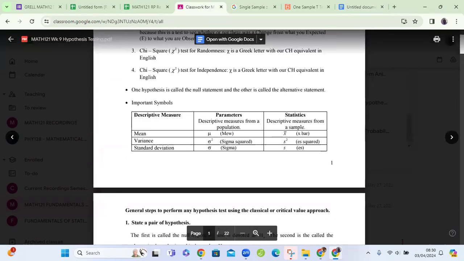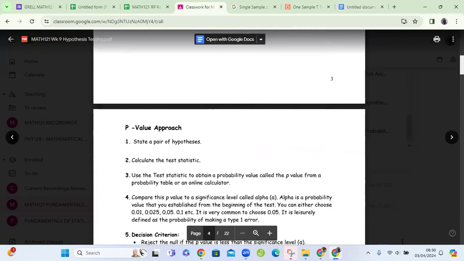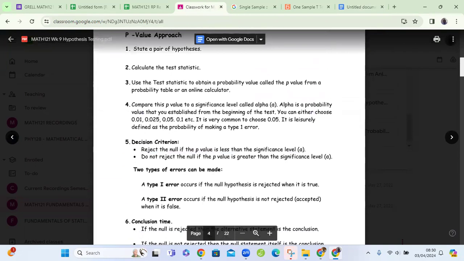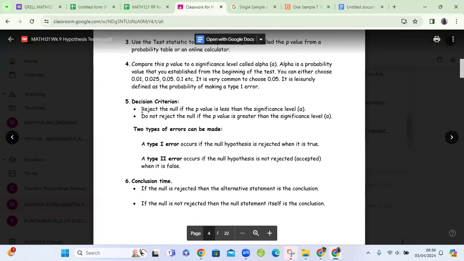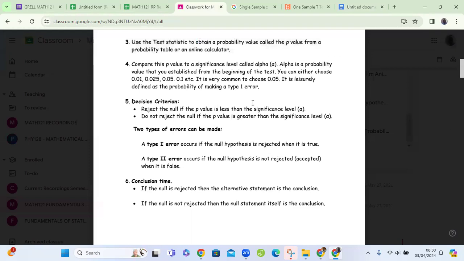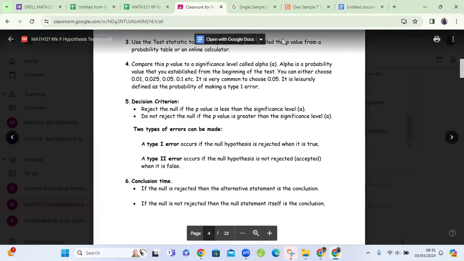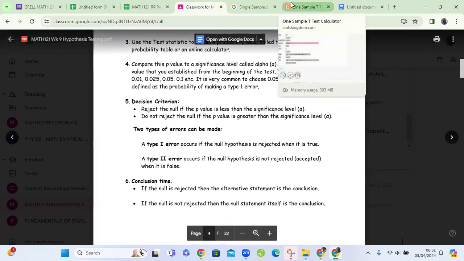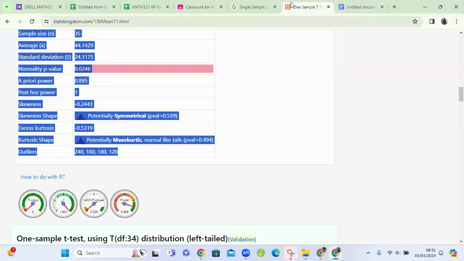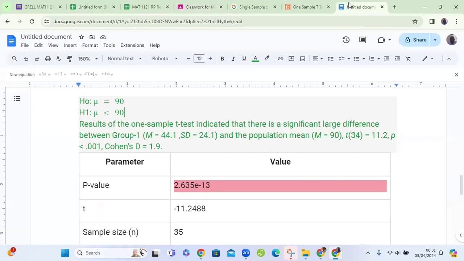Let's look for the p-value approach. Decision criteria: reject the null if the p-value is less than the significance level. Do not reject the null if the p-value is greater than the significance level. Our significance level is 0.05. We established that from the beginning, and our p-value is a very small value. So this is less than the significance level.